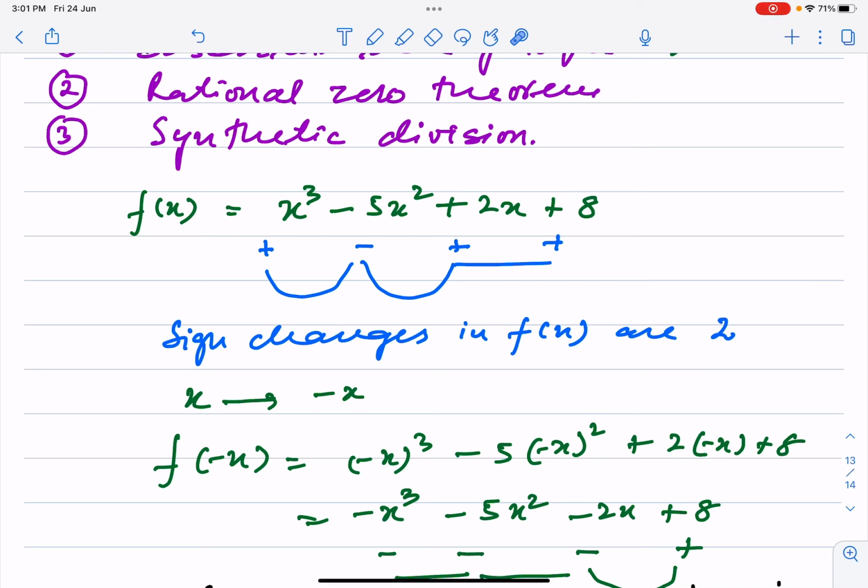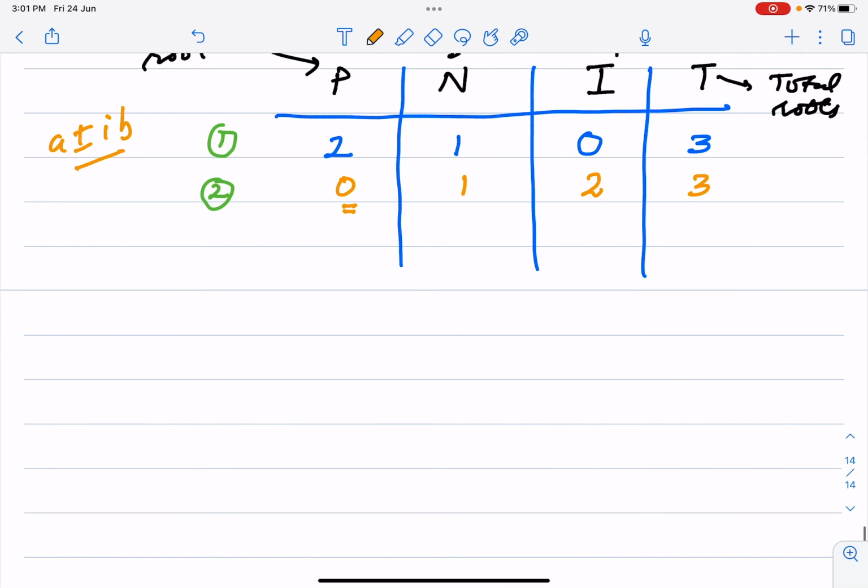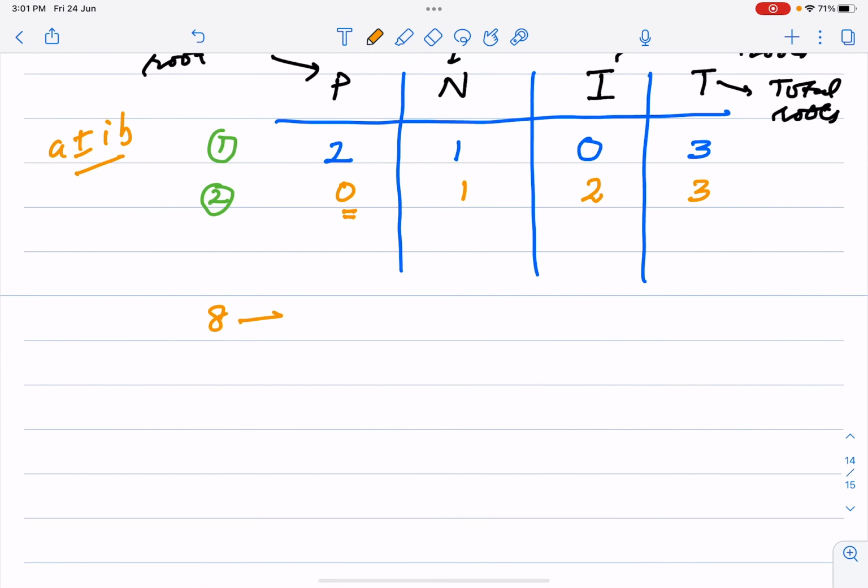So what is the leading coefficient? That is 1. So the factors of 8 are 1, 2, 4, and 8, and it can be plus minus, right? Similarly, the factor of the leading coefficient is plus minus 1.